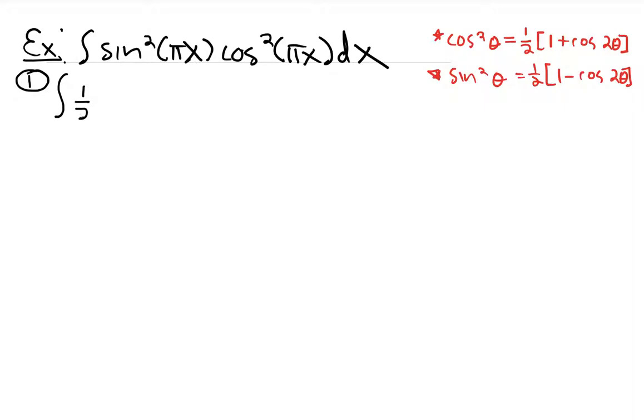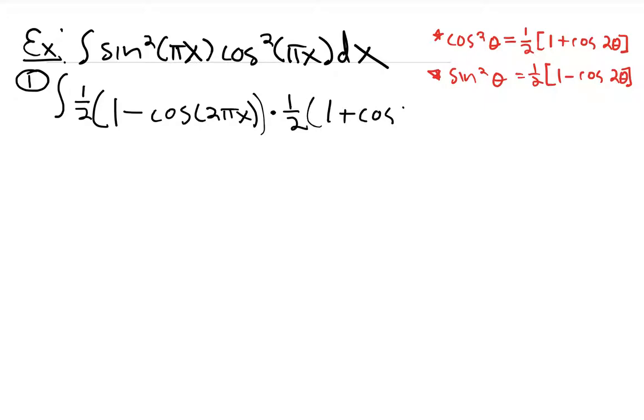I've got a 1/2, 1 minus cosine 2 theta, so 1 minus cosine 2 pi x. And then I've got a cosine squared that I need to do this to, so a 1/2, 1 plus cosine 2 theta, so 2 pi x.